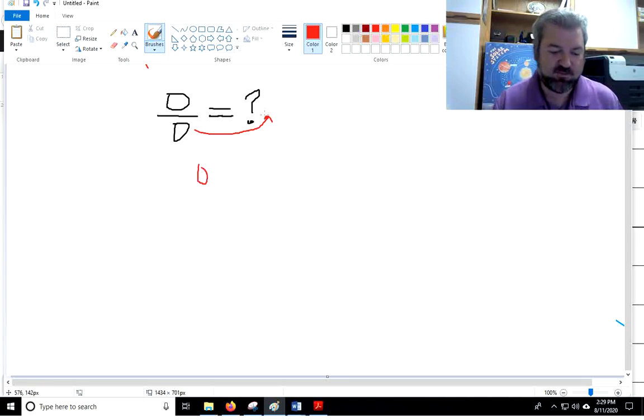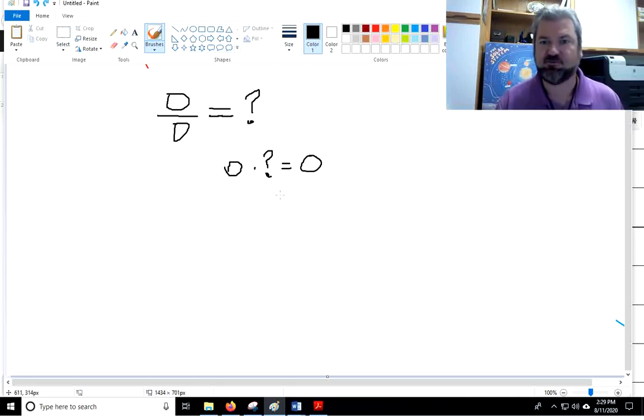So can we think of what this number could be, this question mark, so that 0 times this number would give me 0? Is there a number that you could put here for question mark that would make this statement true? Sure. About 3, 4, pi, 9, any number. So it turns out that 0 divided by 0 is undefined, not because there's no number that the answer could be, but because it could be any answer.